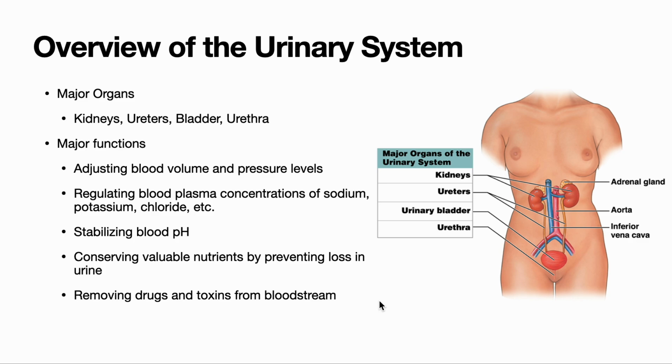The kidneys can help conserve valuable nutrients such as glucose by making sure that we retrieve any glucose that might be in the filtrate of the nephron, and returning it back to the blood supply. And then also drugs, toxins, and/or their metabolites can be excreted through the kidneys. So, big major functions there.